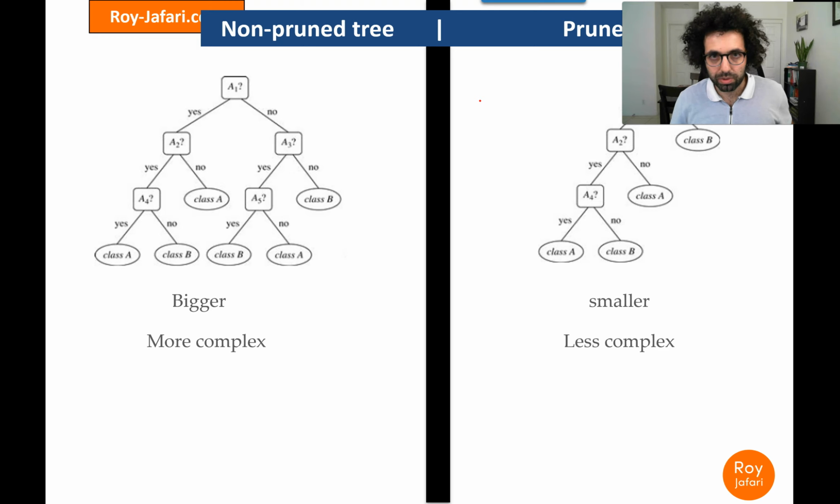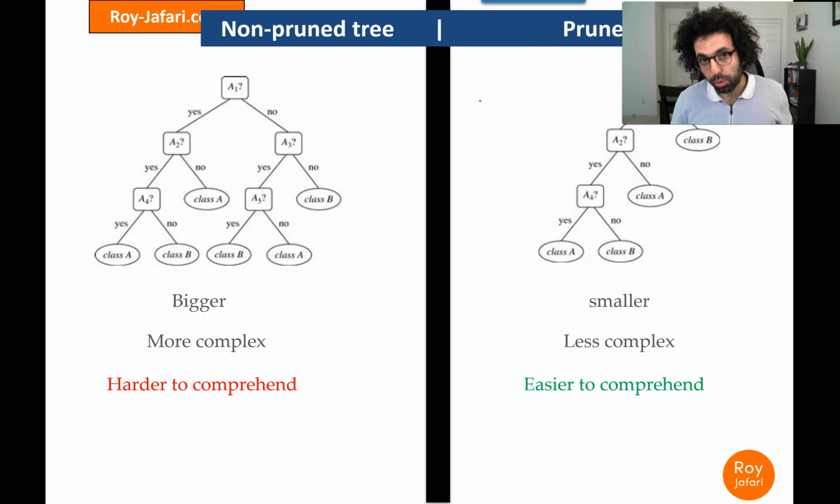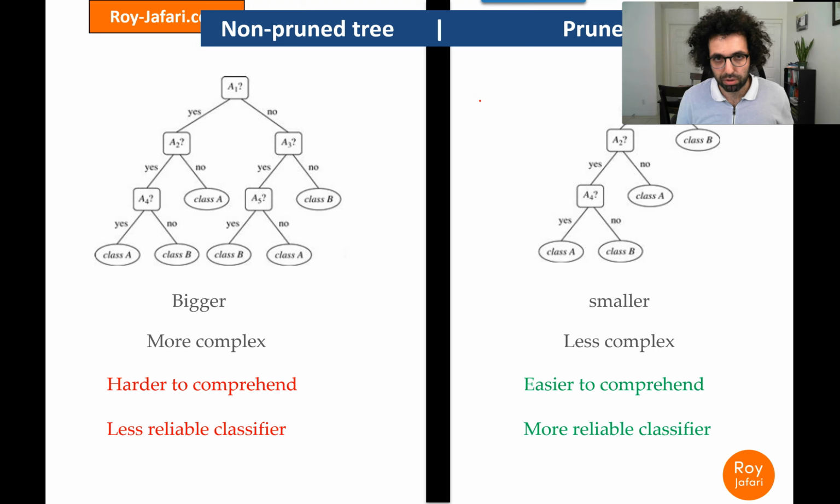Also, the non-pruned tree is more complex, and understanding it is probably harder than the less complex pruned tree. But more importantly, it may sound counterintuitive, but if you have taken the time to prune your decision tree, it may look simpler and smaller, but it's also going to be more successful at prediction. It's going to be a more reliable predictor.